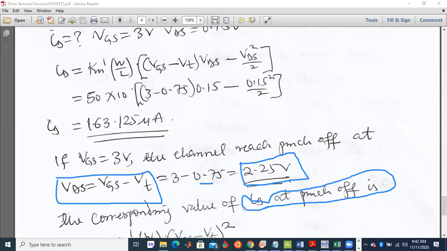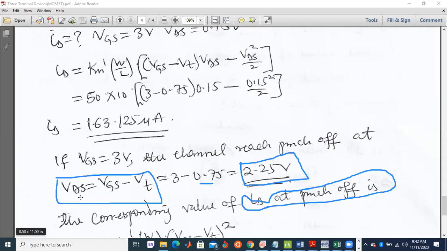If your answer is yes, it means that this condition is saturation, and you have to use the current in the saturation region, not in the triode region. But if your VDS is less than VGS minus VT, it means that it's in triode region, and you will use the formula for finding ID in triode region.